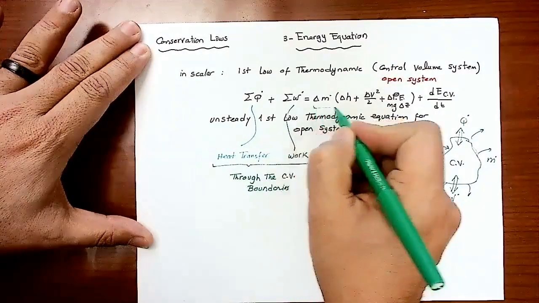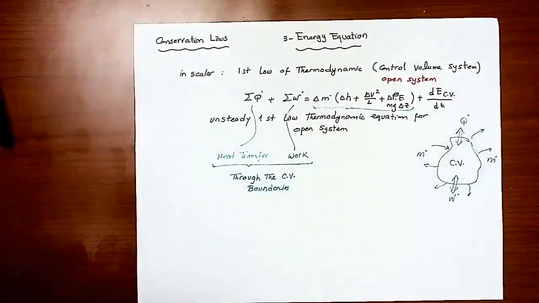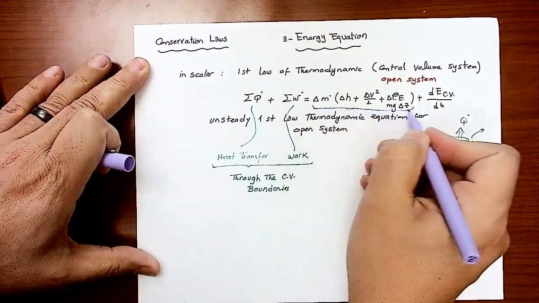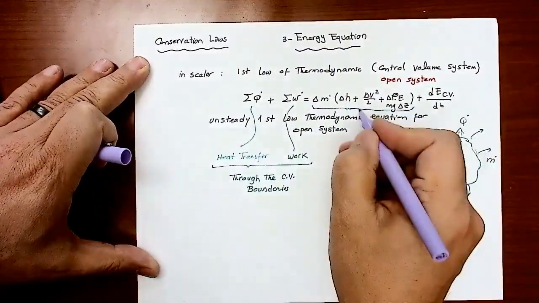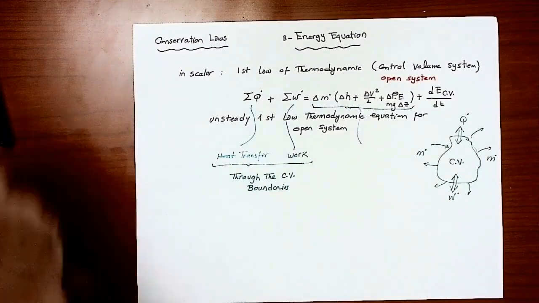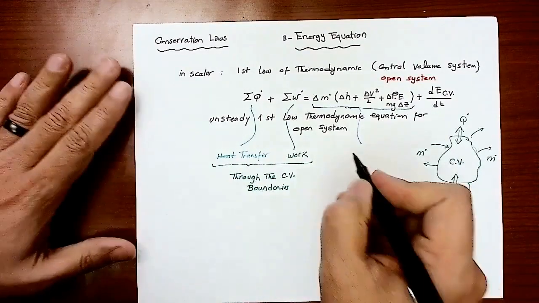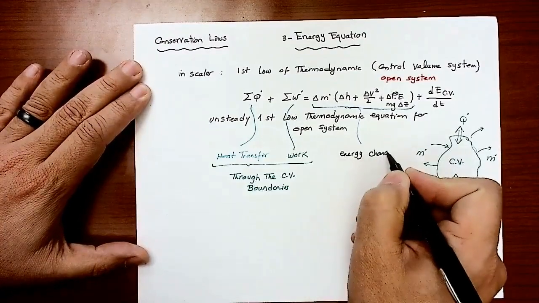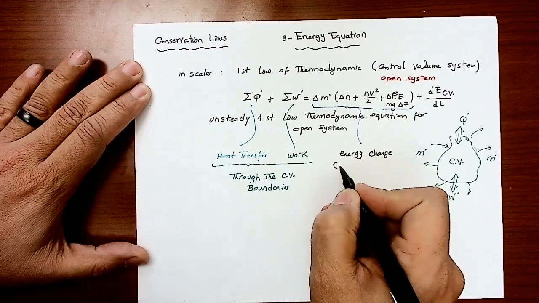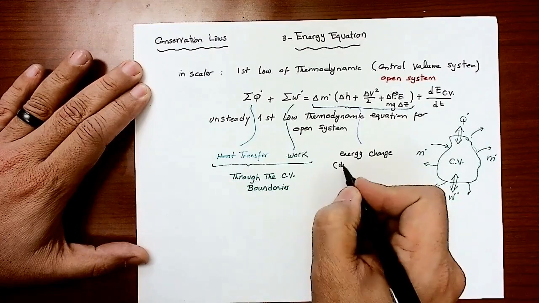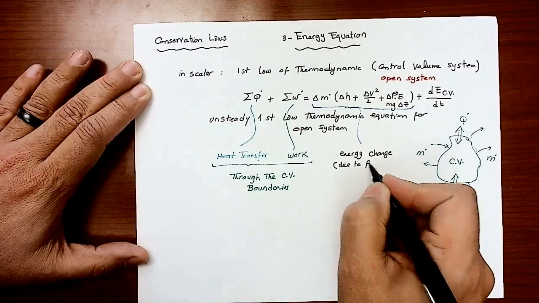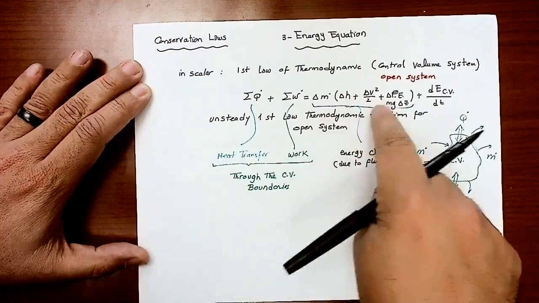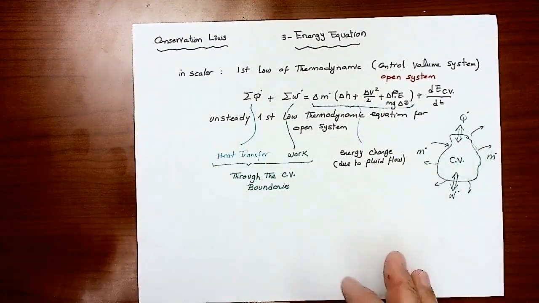So this big term here is presenting the energy change due to fluid flow. So these are the different forms of energy carried by that fluid in and out of the system, okay?